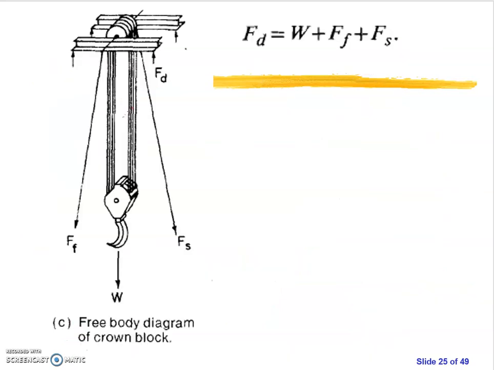So that is true also when you have what we have inside the block and tackle system. So there is a fast line. That's the line that you're imposing the force on, and there are many of those lines strung to the weight that is moving downward. The weight again is the drill string weight, right?